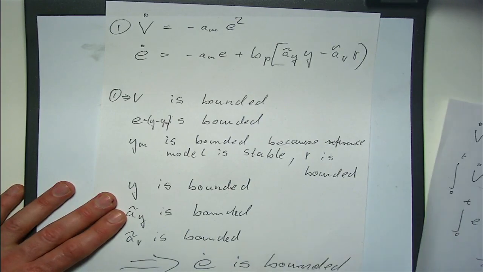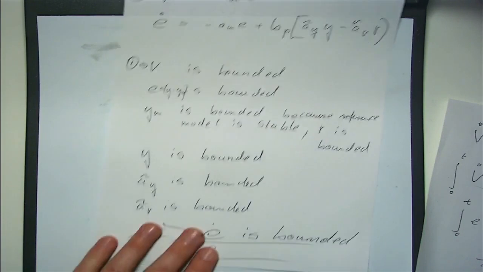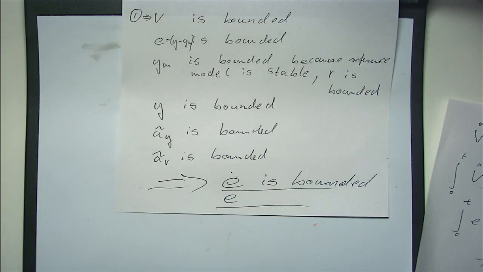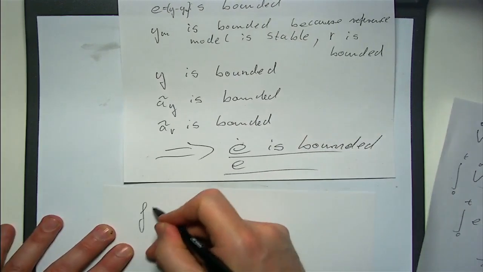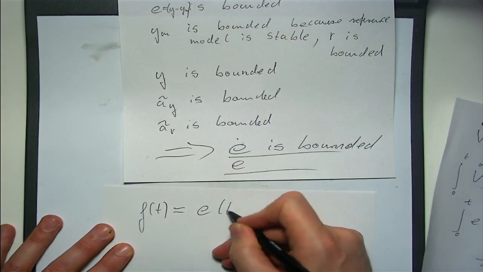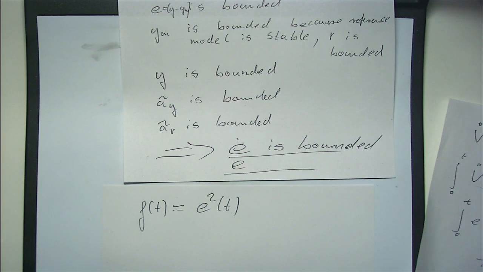So E and E dot are bounded, so effectively we can apply, in principle, Barbalat's lemma. Yeah? We know now, if we apply Barbalat's lemma, then our f of t is essentially e of t squared. Right?